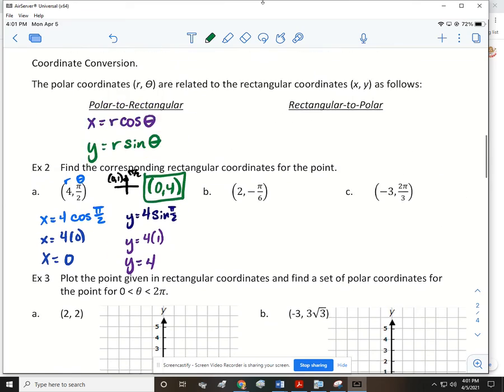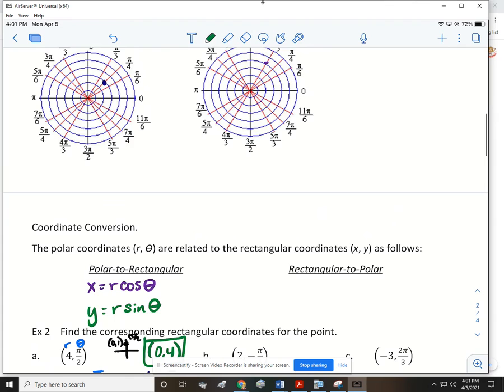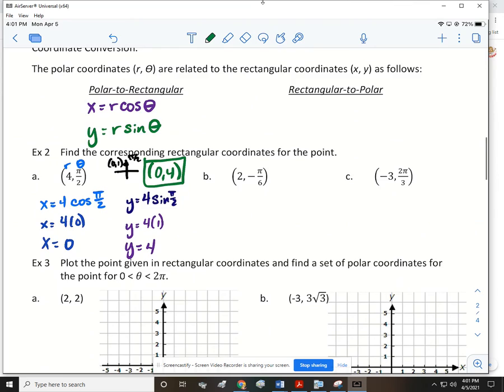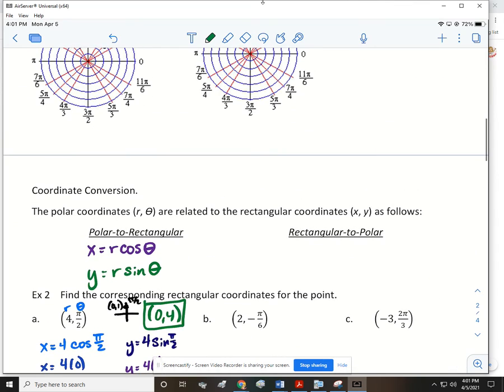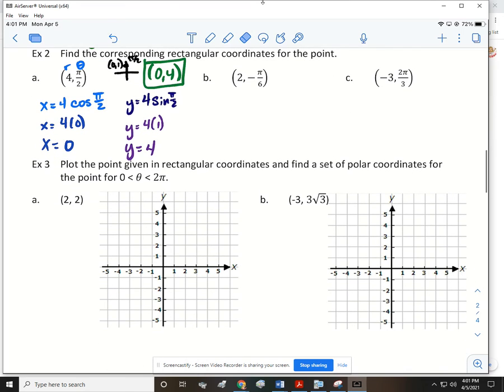And that makes sense, or it does to me anyway. If we looked back at these, if we went out 4 circles and then went to the angle pi over 4, it would be this point right here, which is like over 0 up 4. So it's that same exact point that we just wrote.